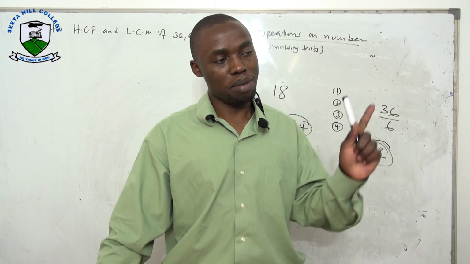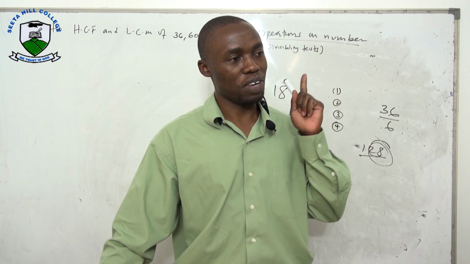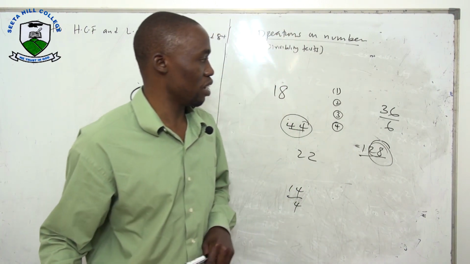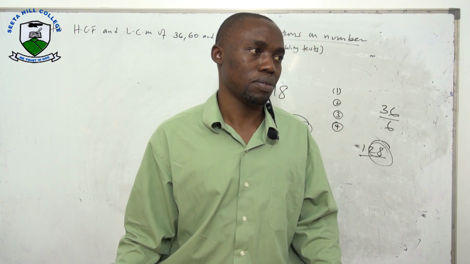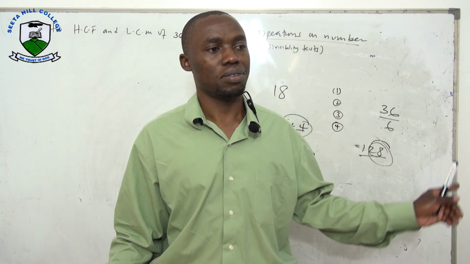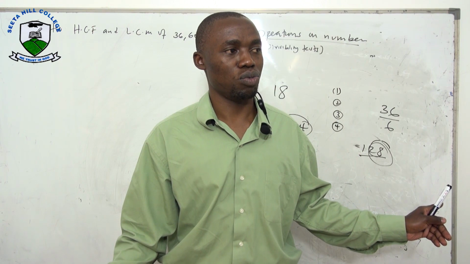It must be able to divide both for it to divide by 6. Does 14 divide by 6? No. You can divide 14 by 2, but it only divides by 2, not 3.